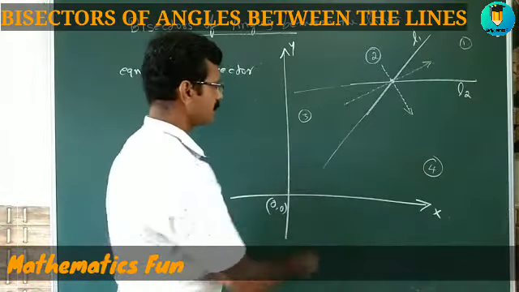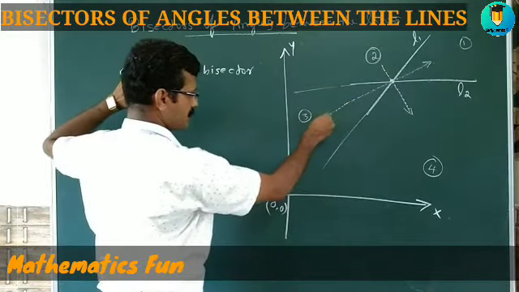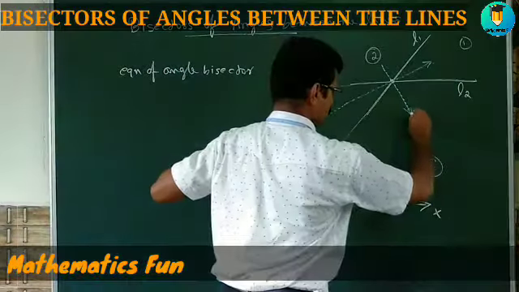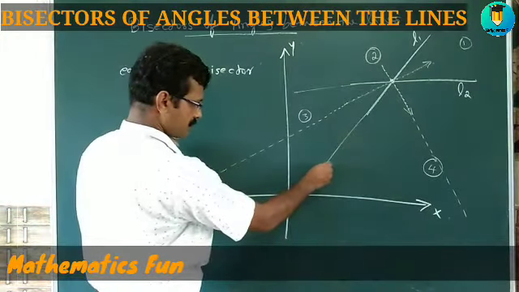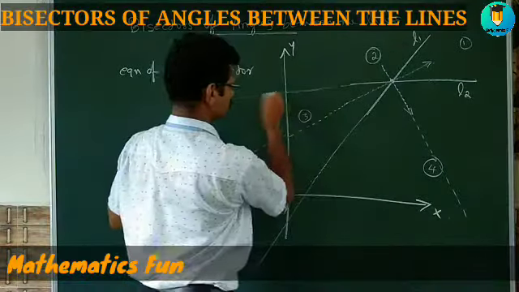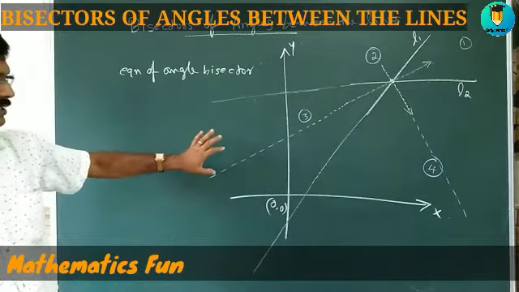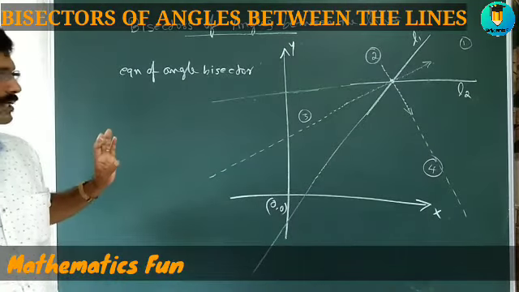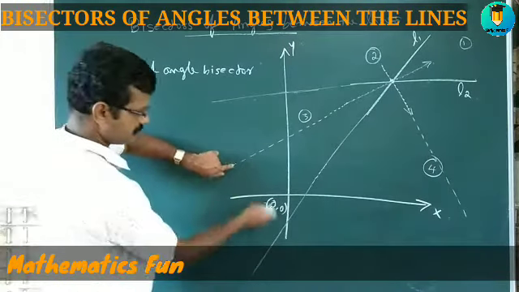Now we can see this is the original line, this bisector goes like this, this other bisector goes like this, and the original line, if I produce it, goes like this. Among these bisectors, one passes through the region where the origin is. See, for example, this bisector is passing through the origin.